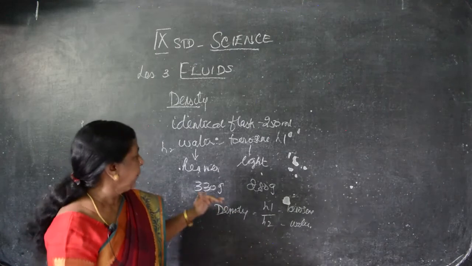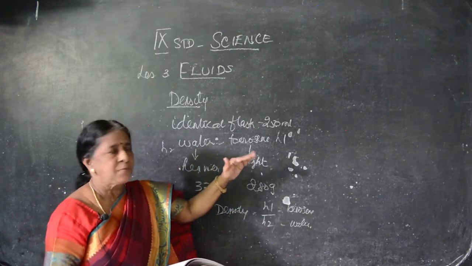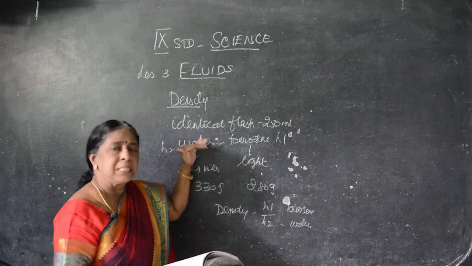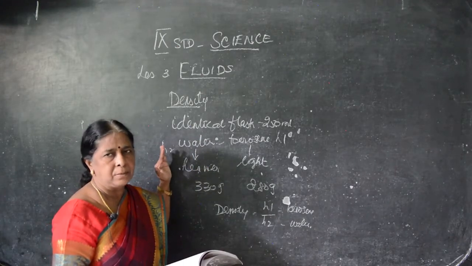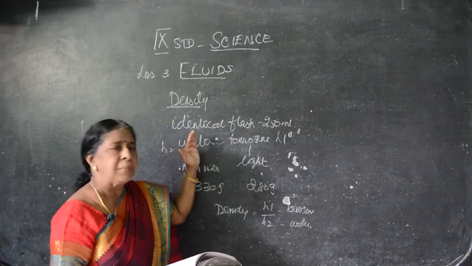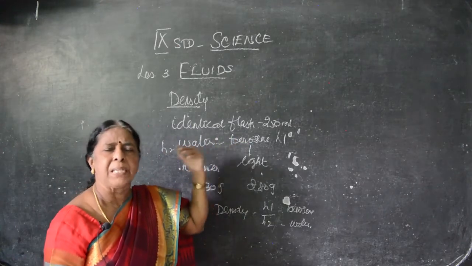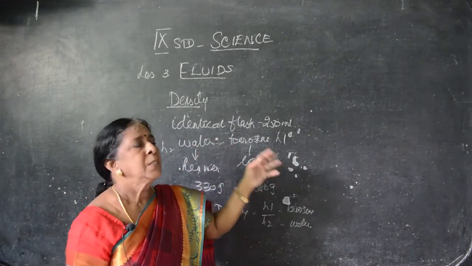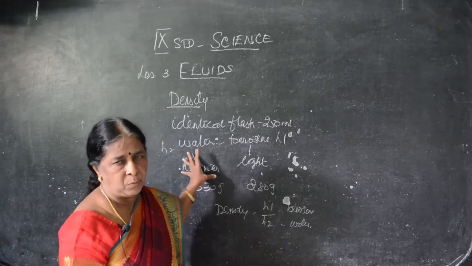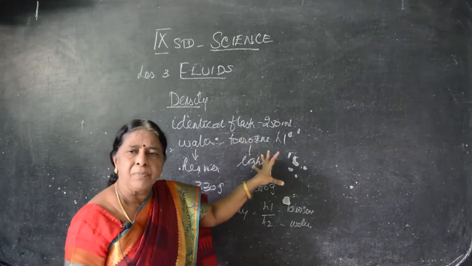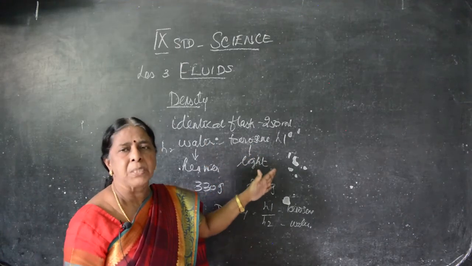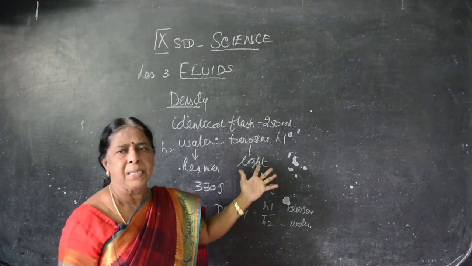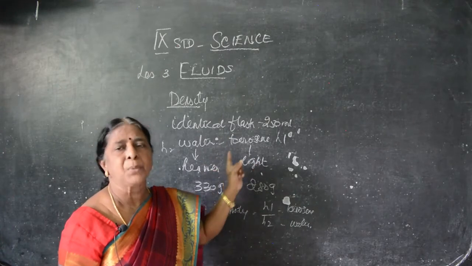The same thing when compared with one substance, for example water as the constant, we keep water as the main liquid. We compare with milk, kerosene, ether, alcohol, whatever liquids you are given. We know the density of water and we have to find the density of kerosene, alcohol, ether, whatever the liquid may be. So one is known, the other is unknown.